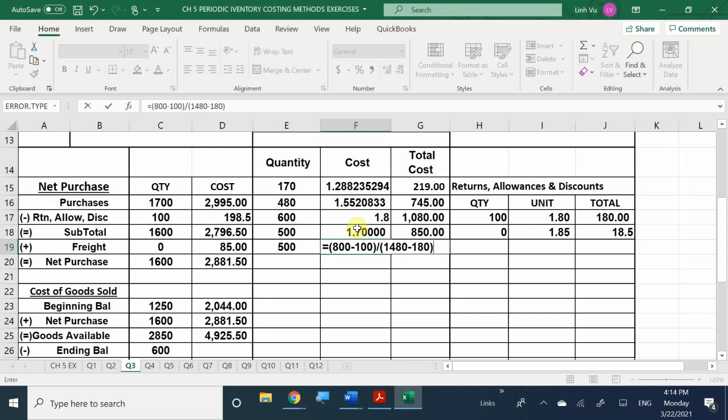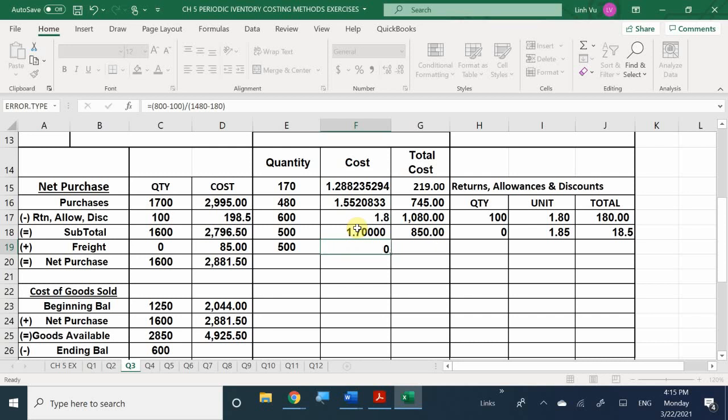Okay? Now that I have this, I'm taking my new quantity, dividing it by my new total cost. So 800 minus 100 gives you 700. Divided by my 1480, which is my total cost for purchasing the 800 items, minus whatever I returned, which is the $180.